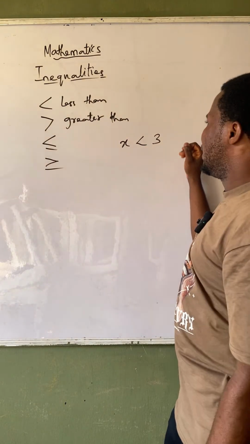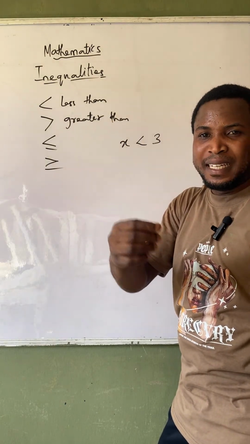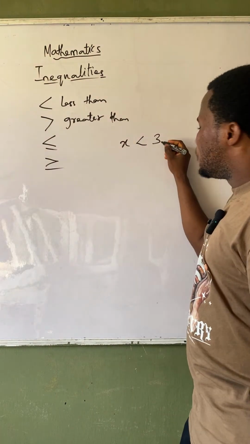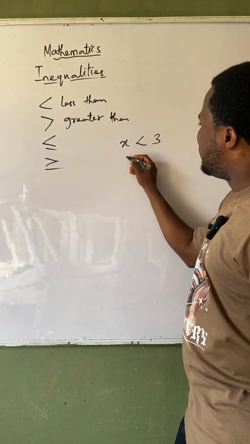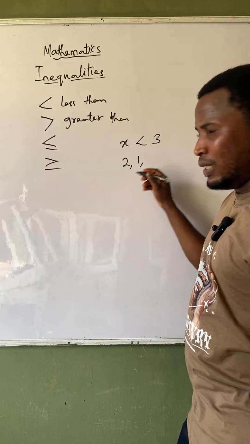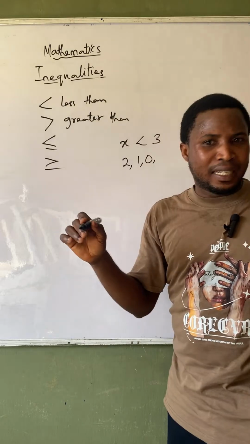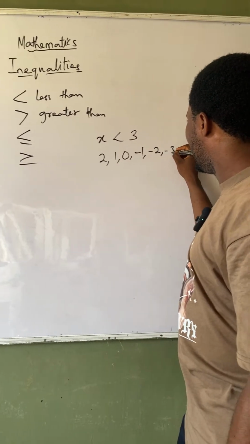It means I need those numbers that are less than 3. It must not be up to this 3. So those numbers can be 2, 1, 0, and on the other side, negative: -1, -2, -3.